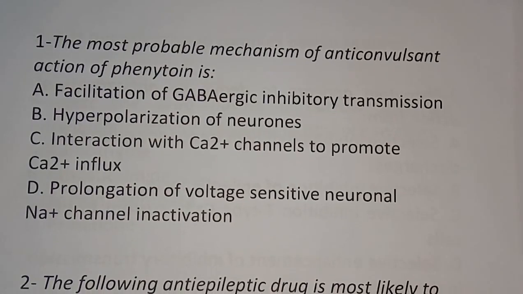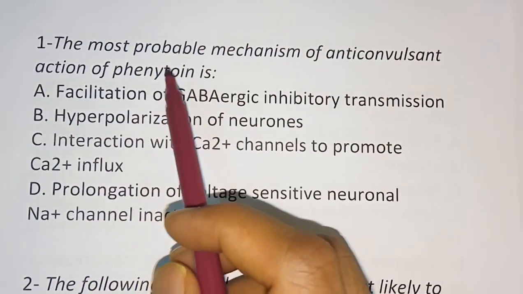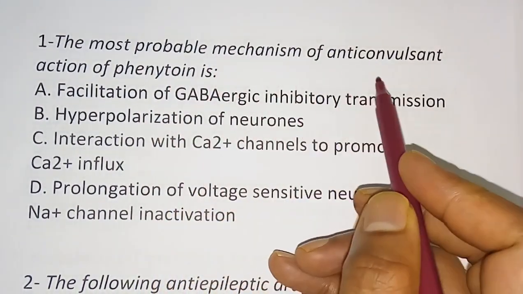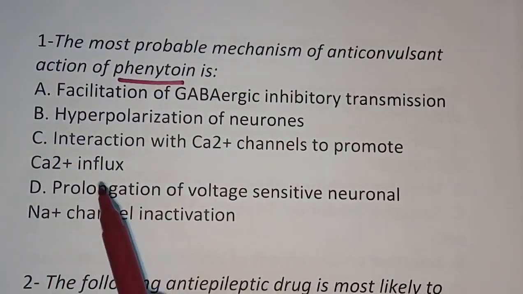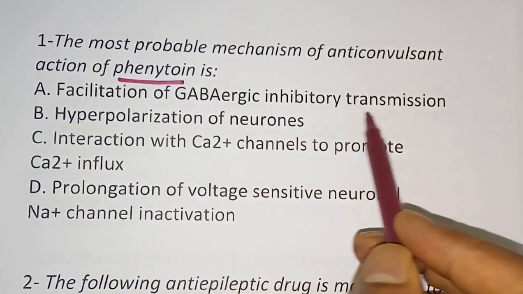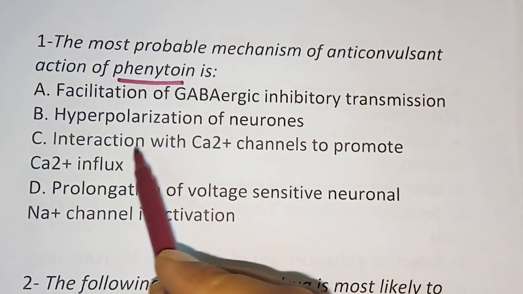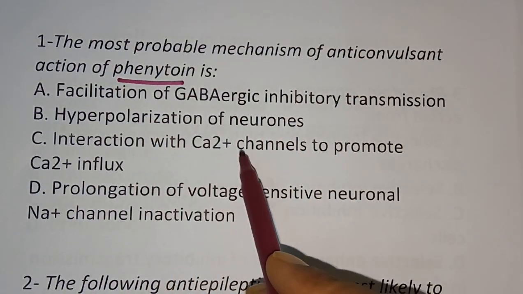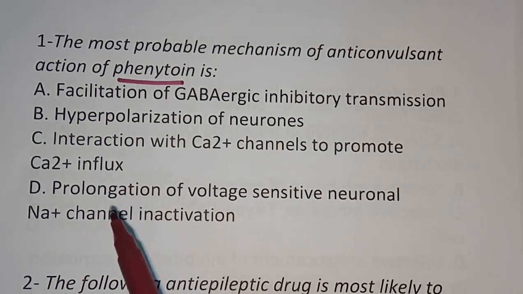The first question is the most probable mechanism of anticonvulsant action of phenytoin. The mechanism of action of phenytoin is the question. Option A, facilitation of GABAergic inhibitory transmission, hyperpolarization of neurons. Option C, interaction with the calcium ion channel to promote calcium influx.